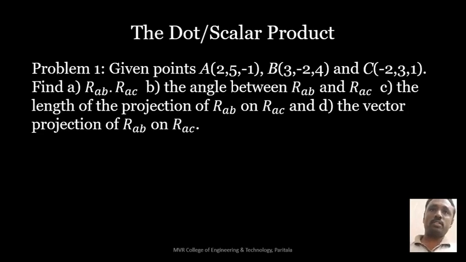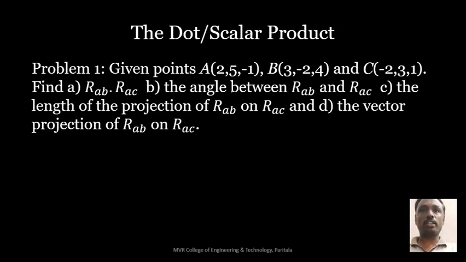RAC divided by the modulus of RAC. Let us assume that unit vector is A1 bar. If you multiply that A1 bar with RAB bar, we can get the length of projection, which can also be called the vector component: the RAB vector component in the direction of RAC.